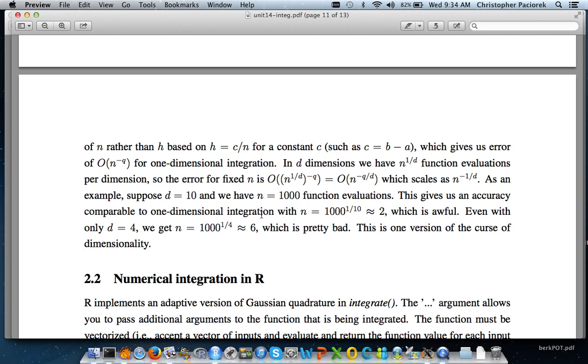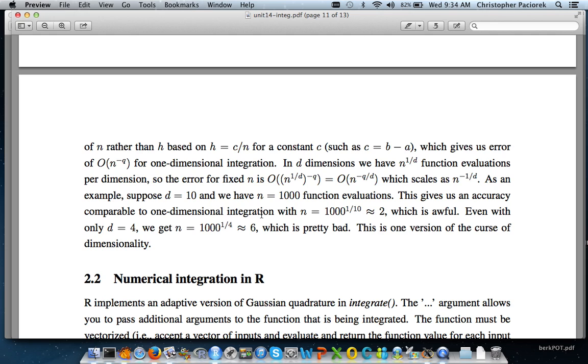And if you recall, the variance of this estimator was 1 over n times the variance of h of x. Okay, so this is just the usual variance of an average.